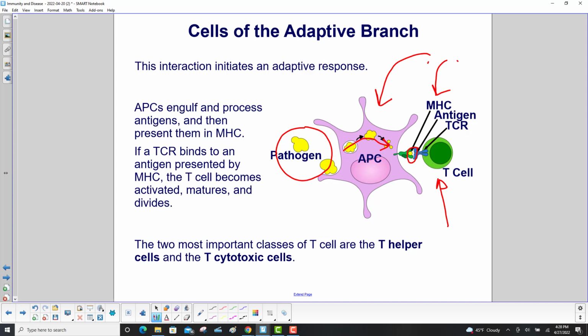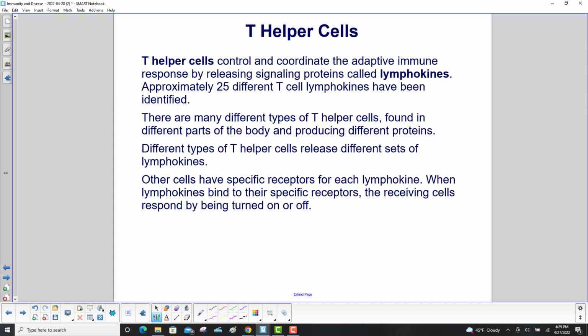The two most important classes of T cell are the T helper cells and the T cytotoxic cells. T helper cells control and coordinate the adaptive immune response by releasing signaling proteins called lymphokines. Approximately 25 different T cell lymphokines have been identified.